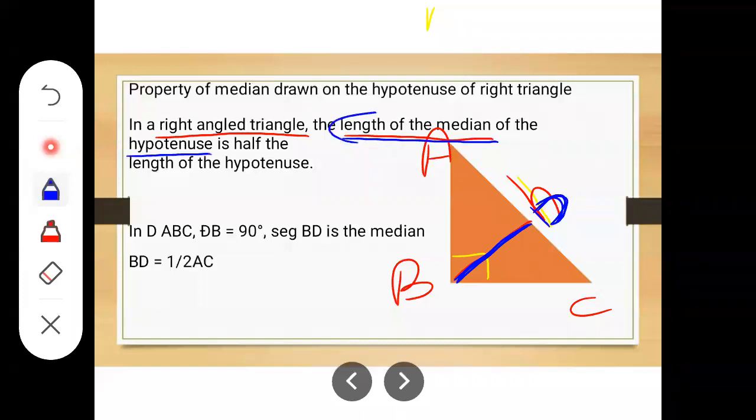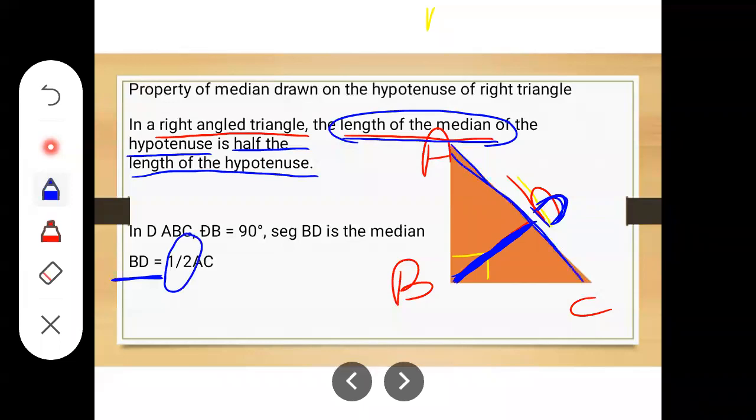So just remember this, the length of the median. Now what is the length of the median? This segment BD is the length of the median. BD is half the length of the hypotenuse. And which is the hypotenuse? This AC is the hypotenuse. So what is the property of the median in a right triangle? In a right triangle, the length of the median is equal to half of the hypotenuse.